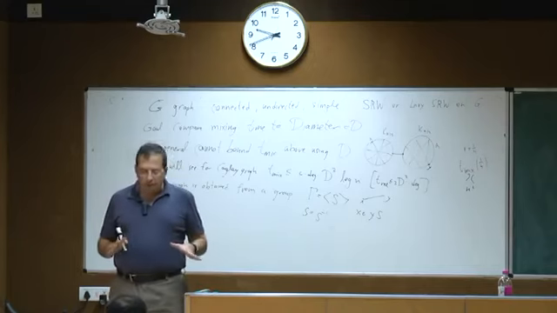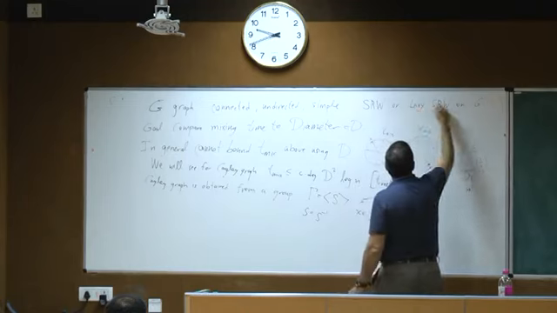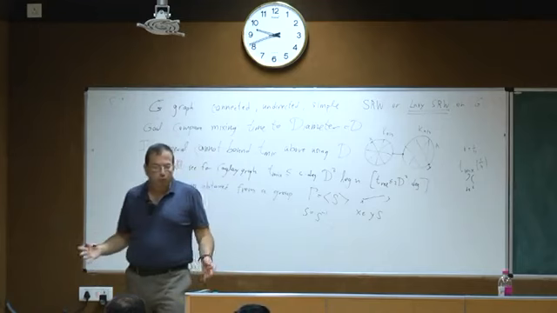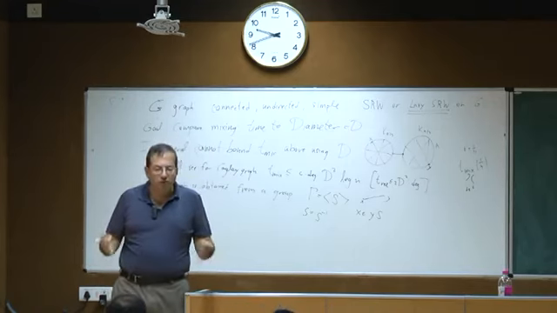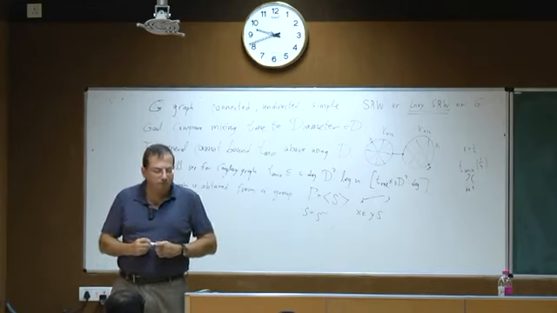For this to hold without further conditions, you really need to consider the lazy simple random walk, because for some groups the Cayley graphs are bipartite, so the random walk itself will not mix. You need to consider the lazy simple random walk.